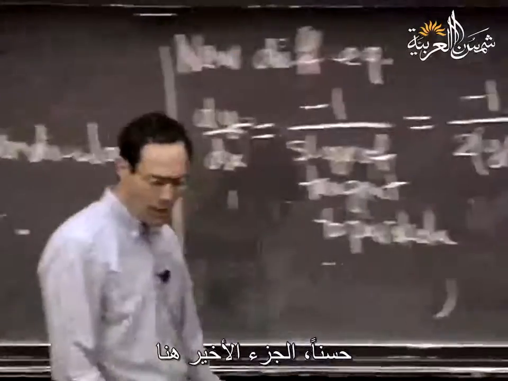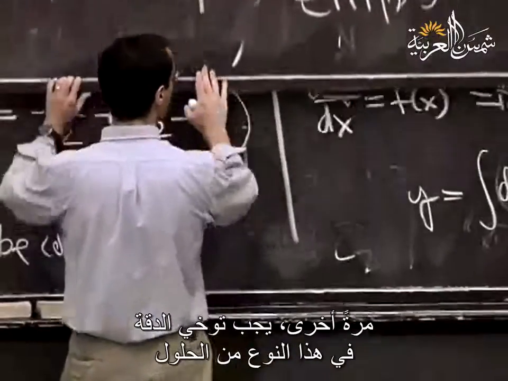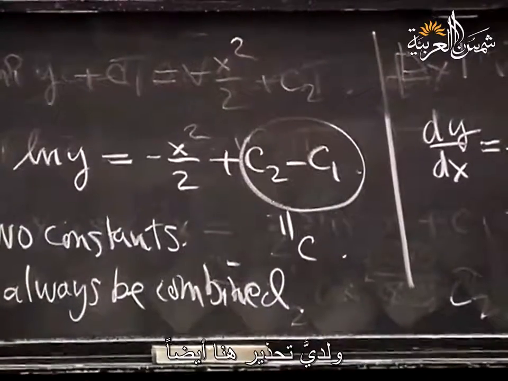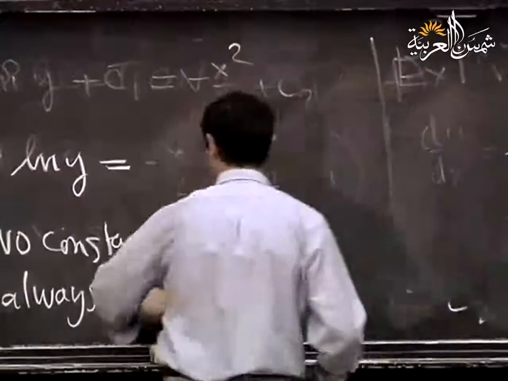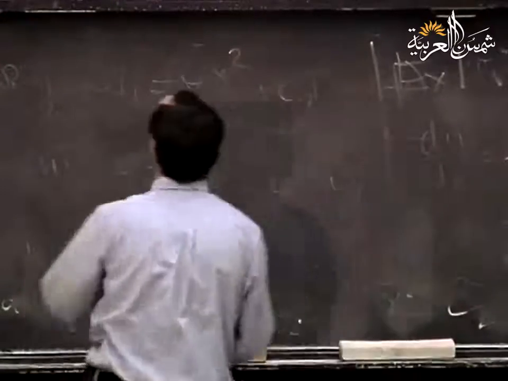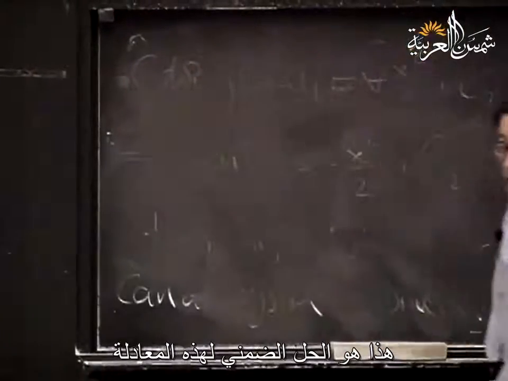Okay, last little bit here. Again, you've got to be very careful with these solutions. And so there's a warning here too. So this is the implicit solution to the equation, and this is the one that tells us what the shape is.